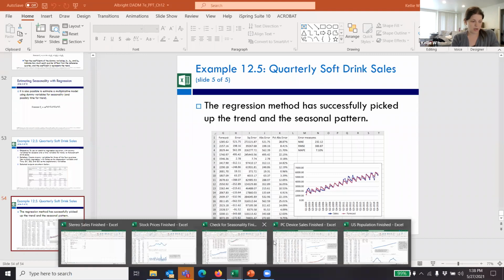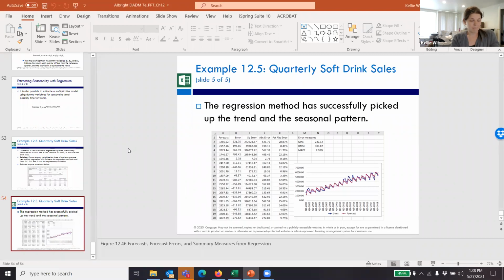Okay, so as promised, there's really not a ton of content in chapter 12. It's less technical and more about informing you of different ways of managing this type of data and different ways of modeling it, handling seasonality and cyclical behavior.